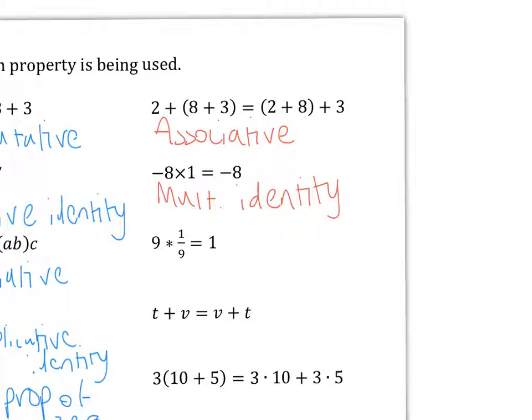9 times 1/9 equals 1, very close to the one we just saw, but this is the multiplicative inverse because I'm getting 1, not the number itself. T plus V equals V plus T is the commutative property.